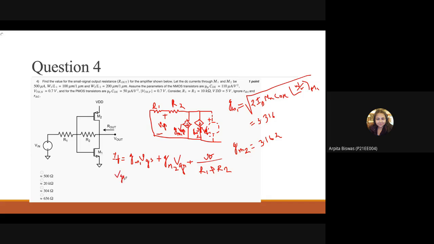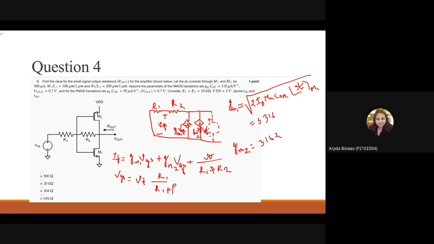VGS equal to VT into R1 by R1 plus R2, just the voltage divider rule.